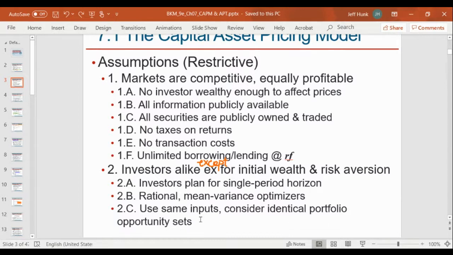But we can do a thought experiment of an ideal universe, everything is like this, and investors are all alike. Investors are all alike, except for initial wealth and risk aversion.